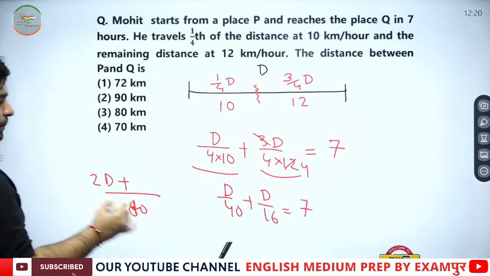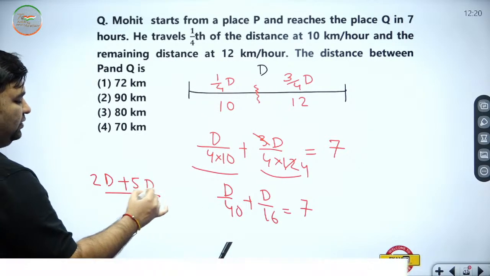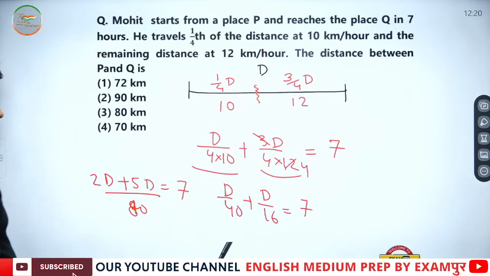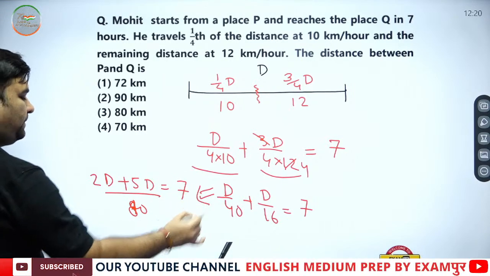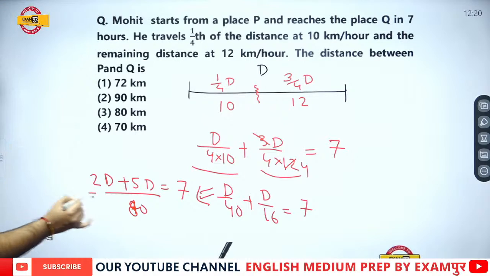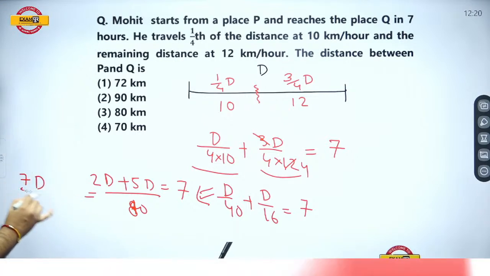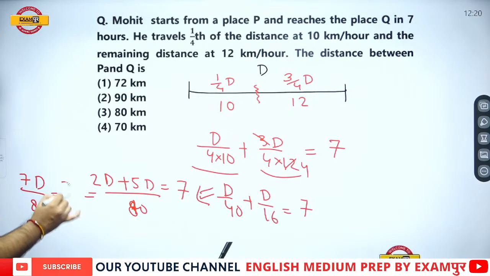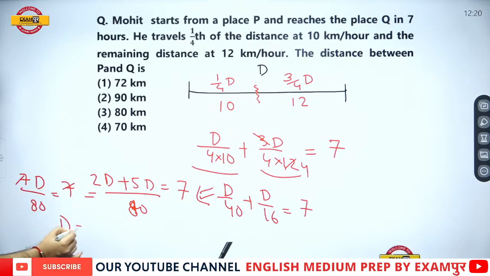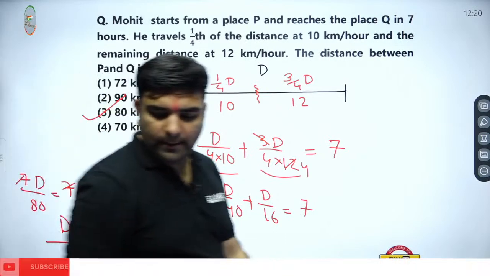So 2d plus 5d is equal to 7, so 7d upon 80 is equal to 7. D is 80.